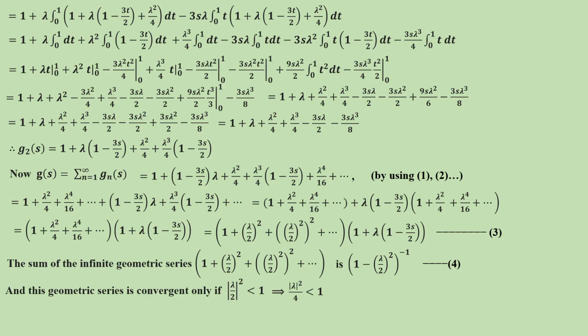So |λ²/4| is less than 1, so |λ²| is less than 4 by cross multiplication. That is |λ| is less than 2. The condition for convergence is |λ| less than 2.